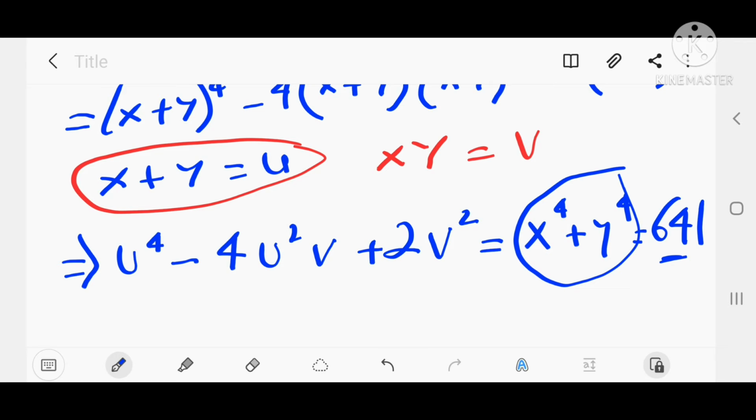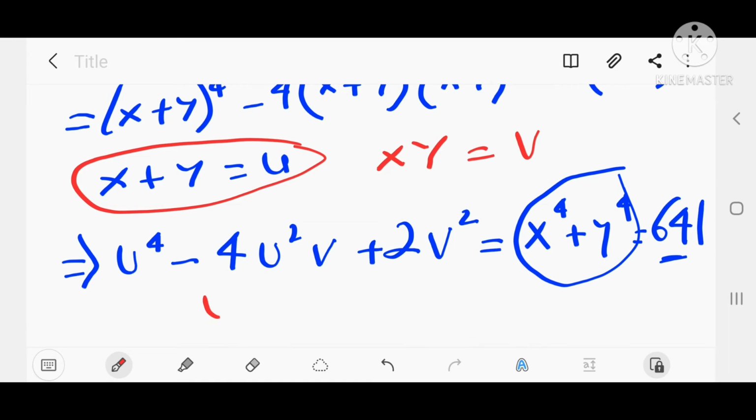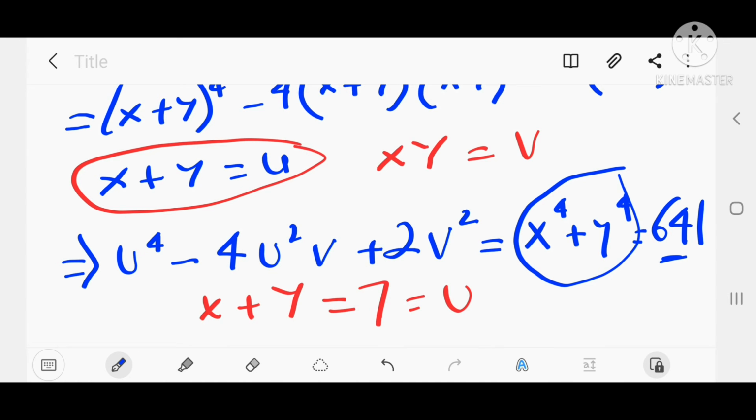But remember as well that x plus y equals 7. So if x plus y equals 7, that means our u equals 7.